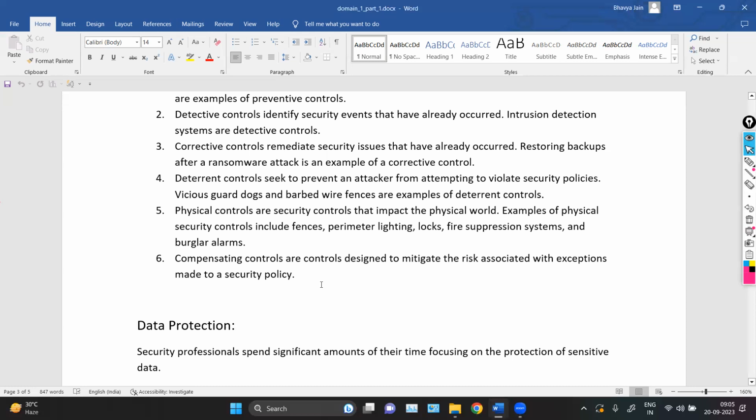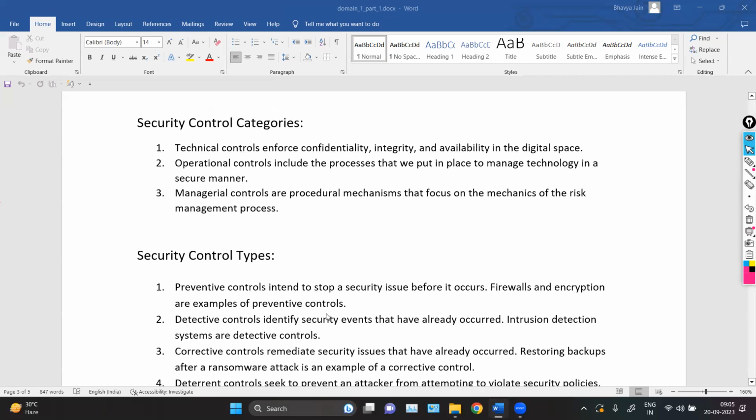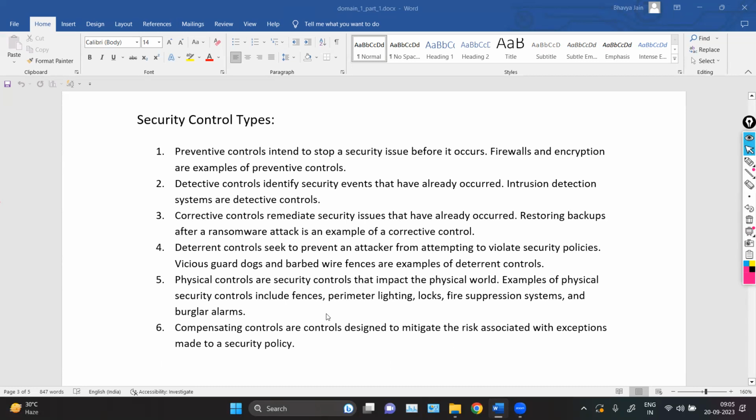That is why we have insurance, for backup in these situations. So purchasing insurance for your security policy is known as compensating controls. So these are the controls we have in the security control types: preventive, detective, corrective, etc.